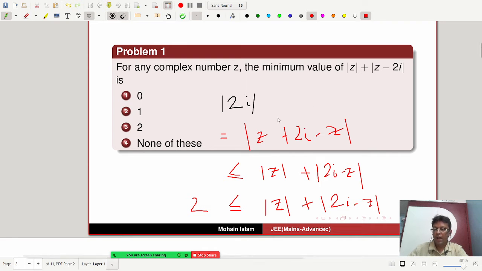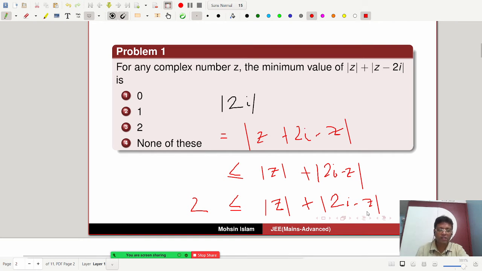And it is attained for any z lying on the segment joining z equal to 0 and z equal to 2i. Mod z is equal to modulus of z minus 0, and mod z minus 2i and mod 2i minus z are the same thing.